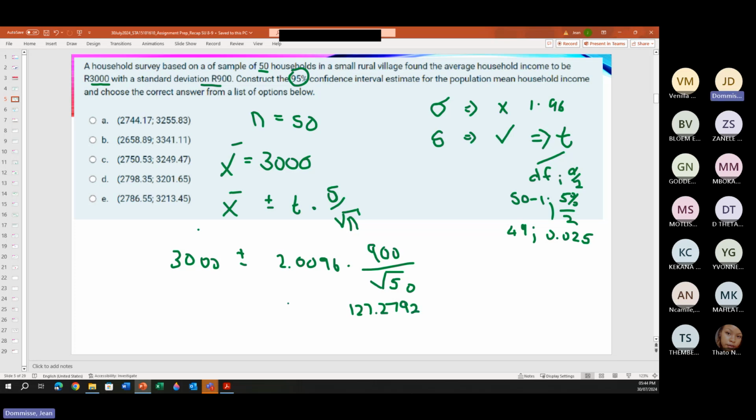So if we multiply that by 2.0096, I get that we say 3,000 plus minus 255.78.